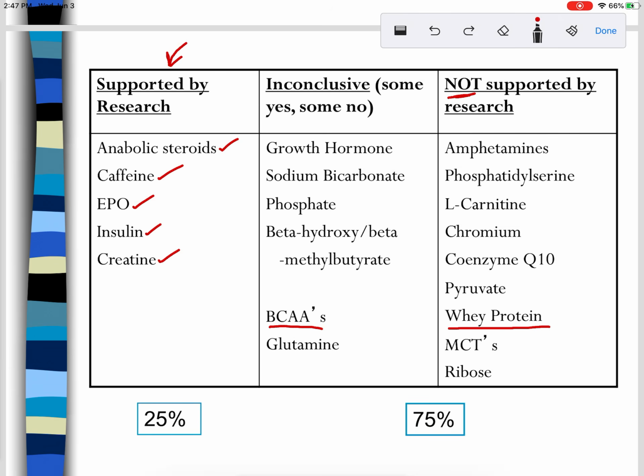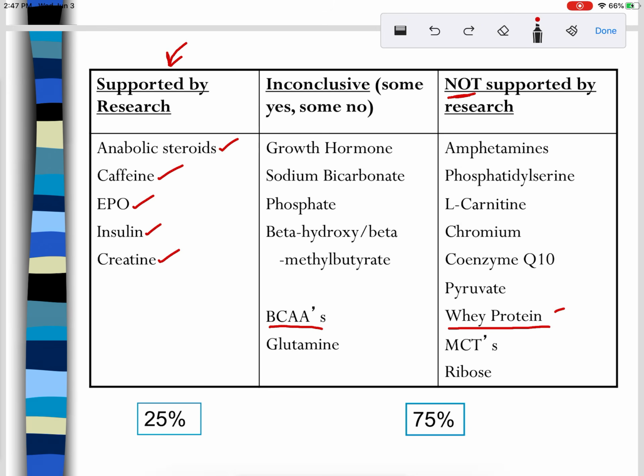You might be surprised by whey protein. People anecdotally say it works, yet when we do a scientific method study, one group gets it, the other group gets a placebo, they're on the same workout, same diet, there does not seem to be a significant difference. Does that mean that we will never ever find out that whey protein works?